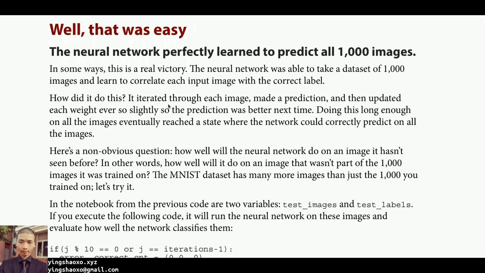It iterated through each image, made a prediction, and then updated each weight ever so slightly so the prediction was better next time. Doing this long enough on all the images eventually reached a state where the network could correctly predict on all the images.